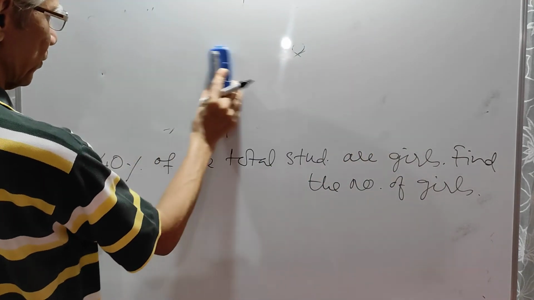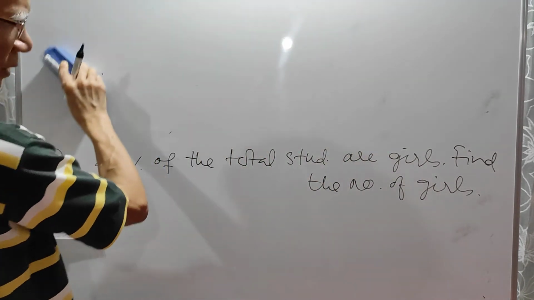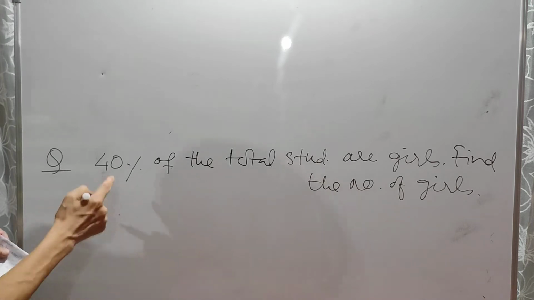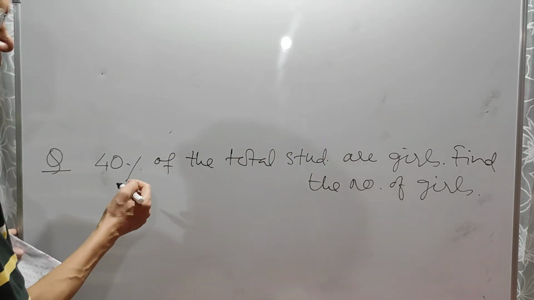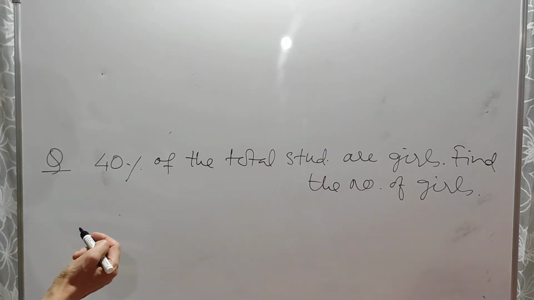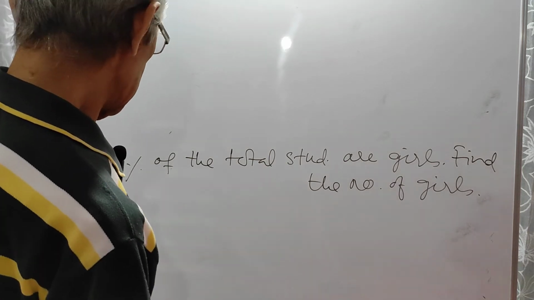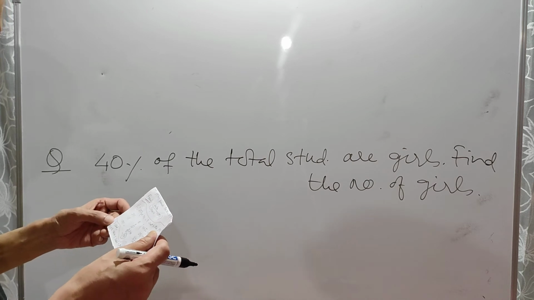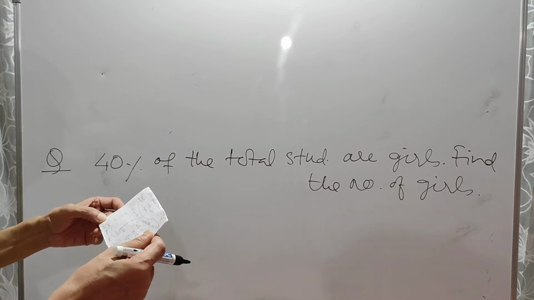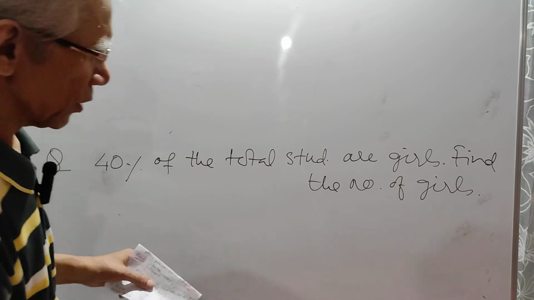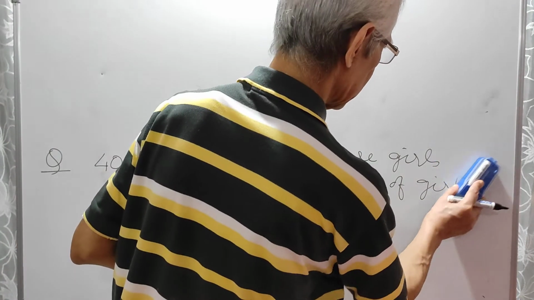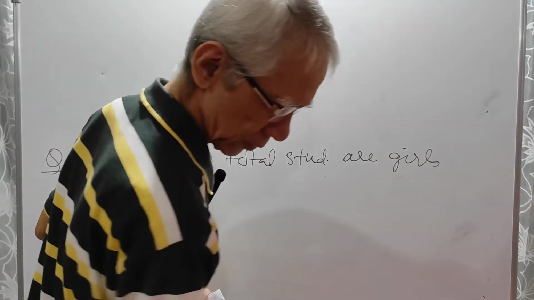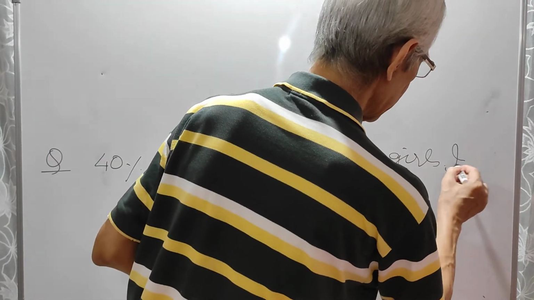First of all, let us see by unitary method. 40% of the total students. One minute. Sorry, the question is this way.